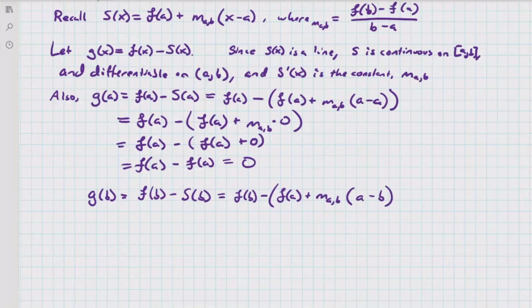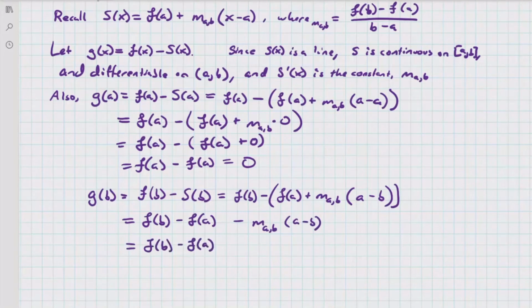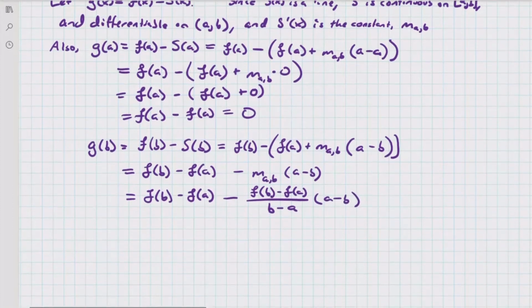Well, it's not going to be as nice. Okay, this is going to equal f of b minus f of a minus MAB times b minus a, which is going to equal f of b minus f of a minus, I'm just going to put this quantity up here, f of b minus f of a over b minus a times b minus a. I just subbed in for MAB.